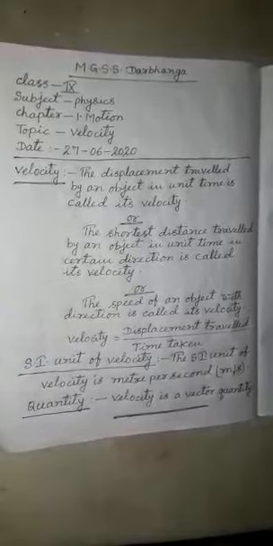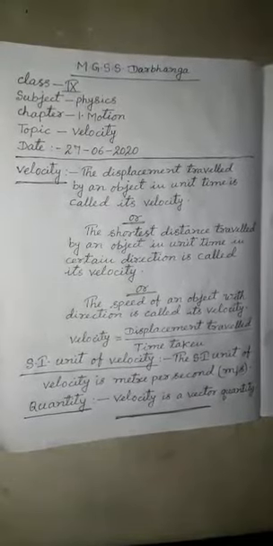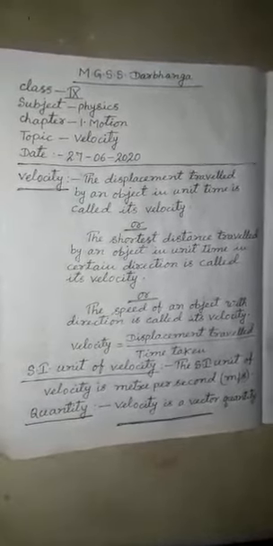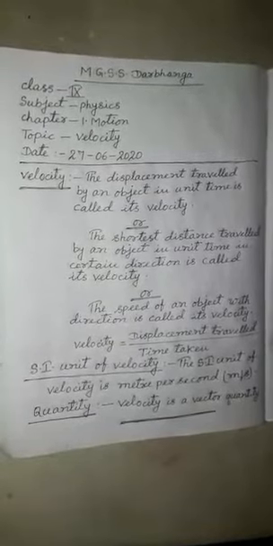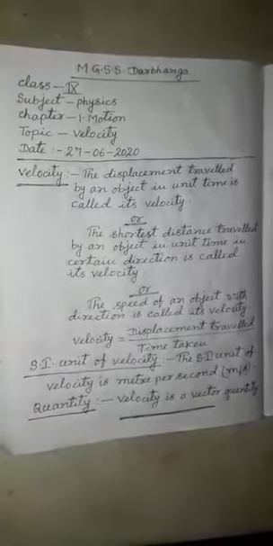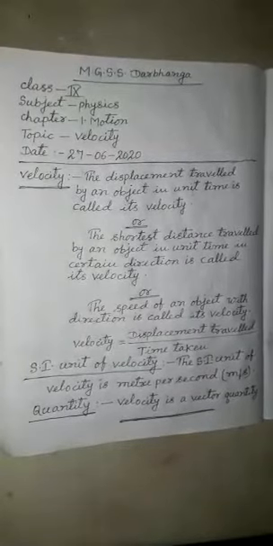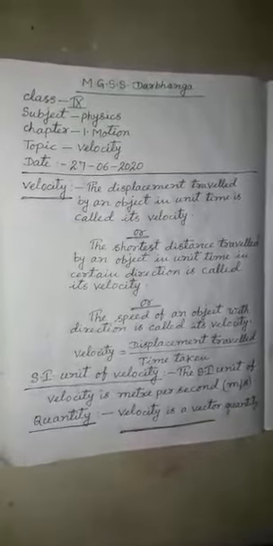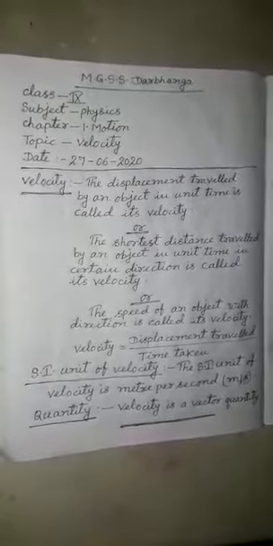Dear students, at first we compare these definitions whether they are same or their meanings are different. First, the displacement traveled by an object in unit time is called its velocity. And the second definition is the shortest distance traveled by an object in unit time in certain direction is called its velocity.